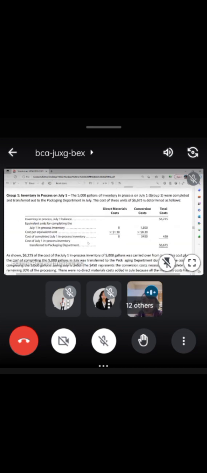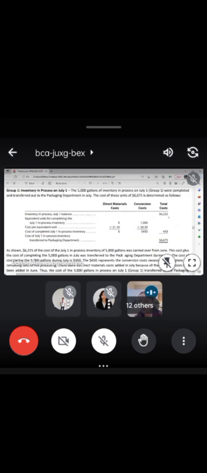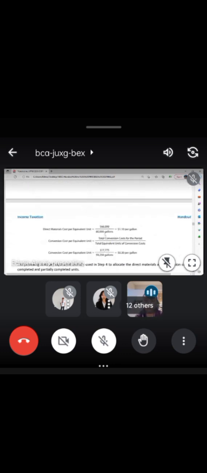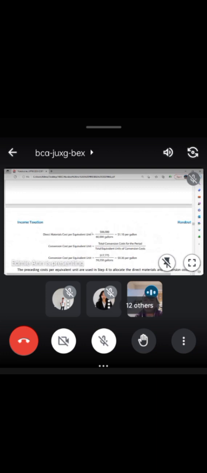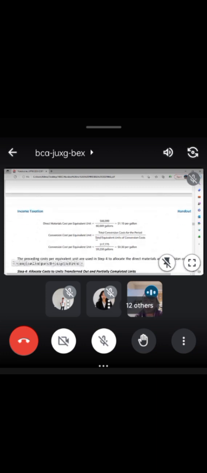Si 6,225 from the month of June. Inyong direct materials cost, guys ha, kani si step 3. Pagkuha na to sa per unit cost, total gid na ato ang pangitaon. Because kani si 60,000, di ba mao man ni ang total equivalent units for direct materials.